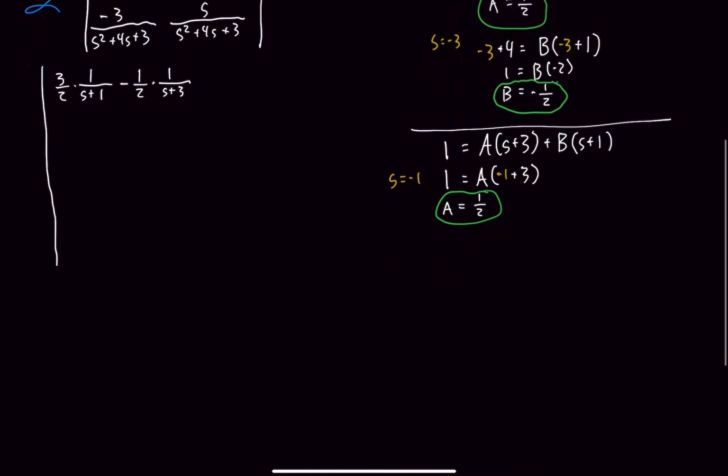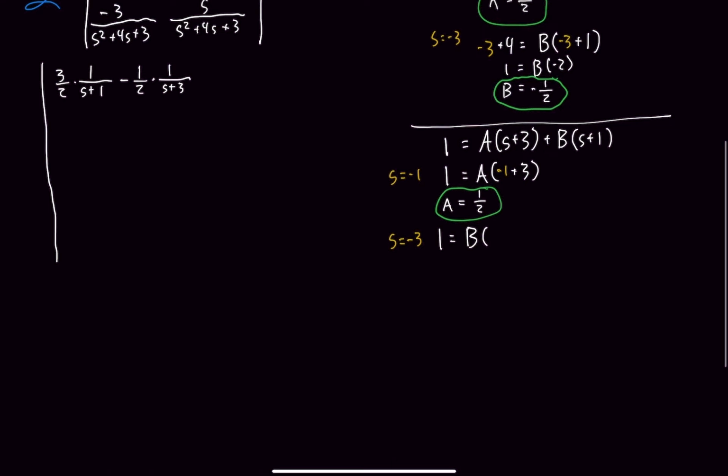That's our second A. Now let's make s equal to negative 3. 1 equals, the A term is going to go to 0, so B times negative 3 plus 1. So this turns out to be B equals negative 1/2.